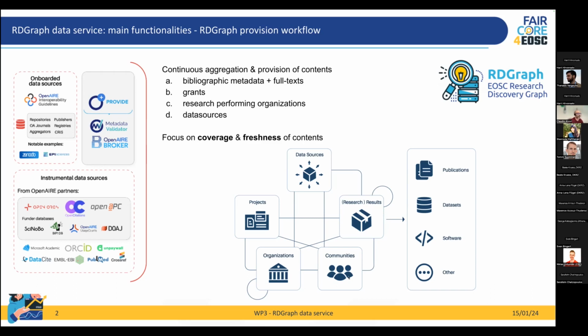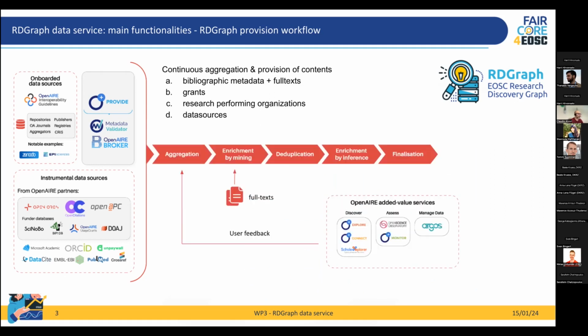So this, on the logical level, a view from the moon, represents the main model of the graph data. This content gets processed thanks to a processing pipeline that starts from the aggregation of these contents from the plethora of providers that are onboarded in EOSC, but also from large and known sources of contents like Crossref, DataCite, and so on and so forth.